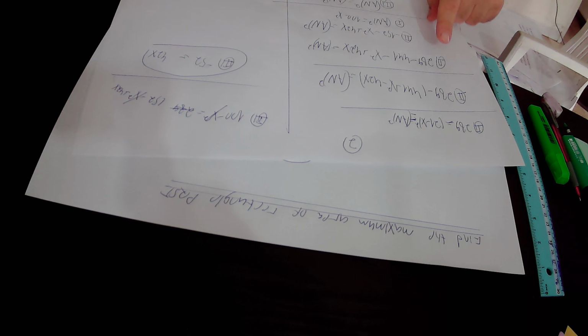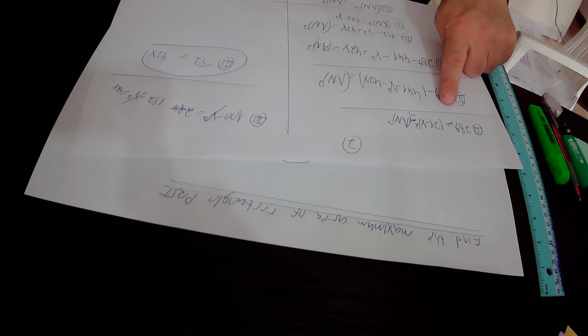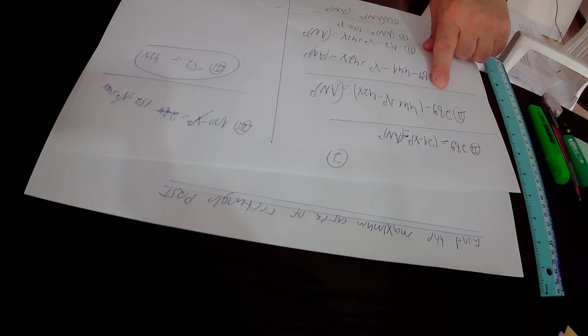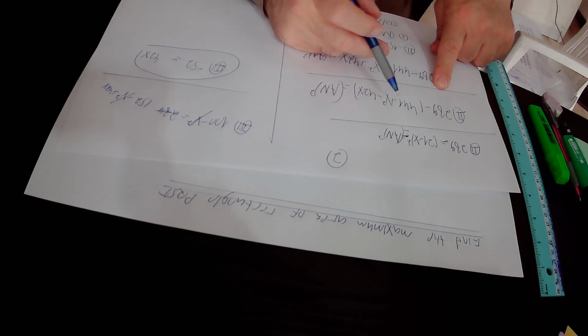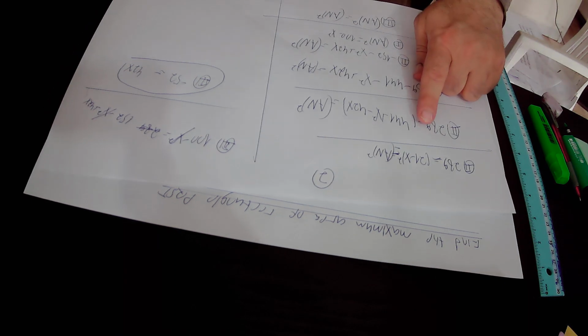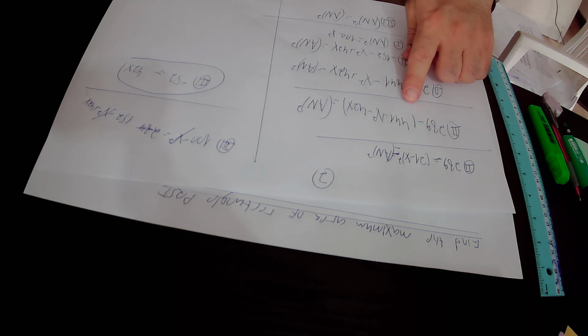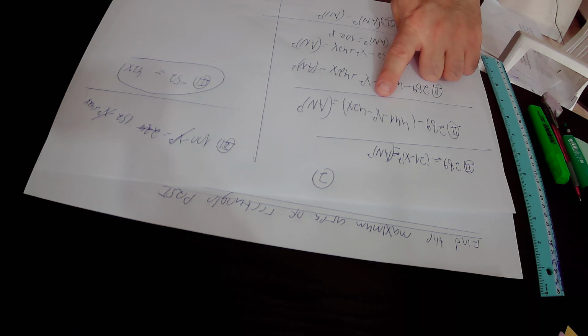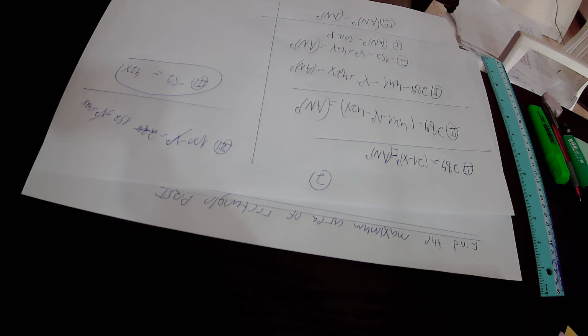According to equation 2, 289 minus (21 minus x) squared equals 21 squared, that is 441, plus x squared minus 2 times 21 times x, that is minus 42x, and it equals AN squared.